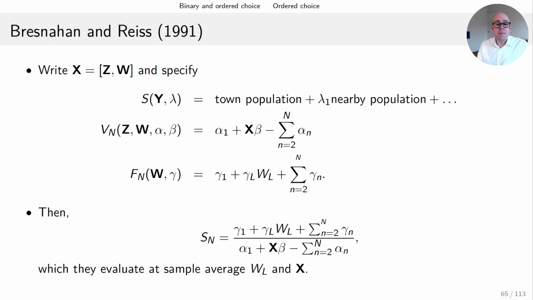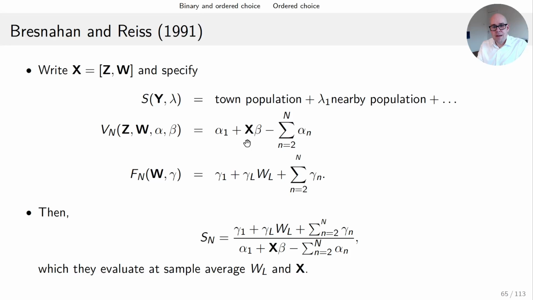They said market size is town population with a coefficient of 1 in front, plus other measures of population with coefficients in front. Here what they allow for is that nearby living people do come to town to visit one of those firms.